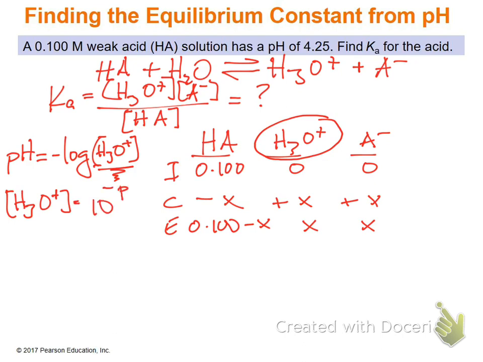So that's how you get rid of the log function. Okay, so the concentration that we get here is the concentration at equilibrium. And so if we plug in 10 to the negative pH, which is 4.25, we get a value equal to 5.62 times 10 to the negative 5.